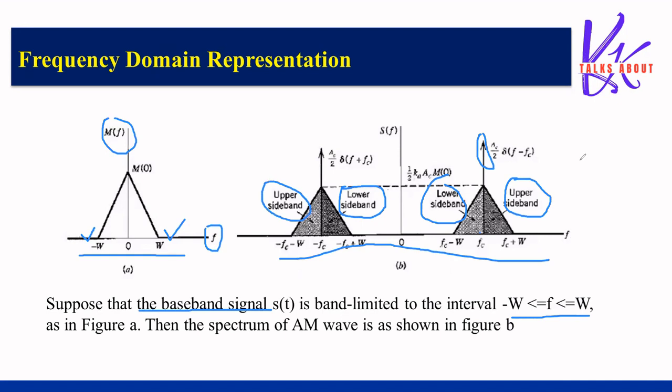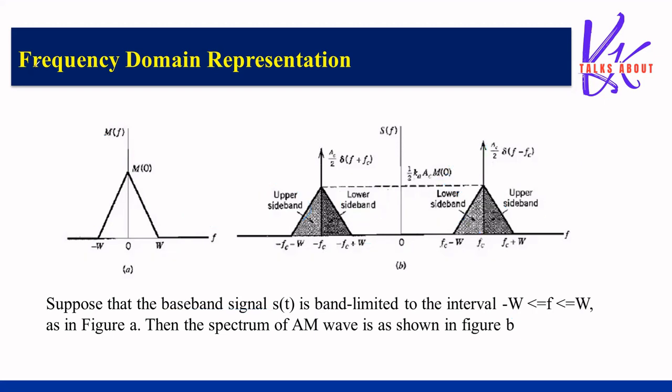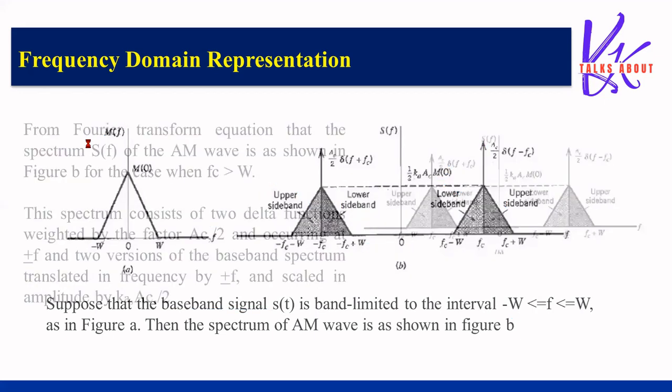It has three signals: one is a carrier signal at fc, and it has the upper side band and also a lower side band. So we have three pieces of information in the modulated wave: the carrier, the upper side band, and the lower side band. Let us move further and see.